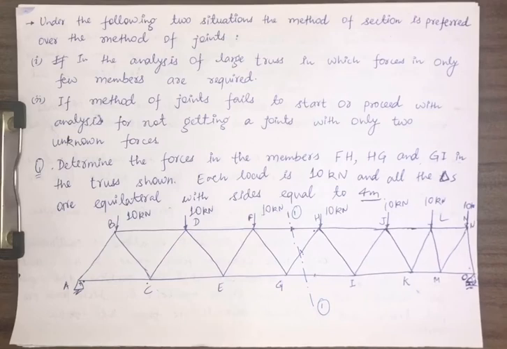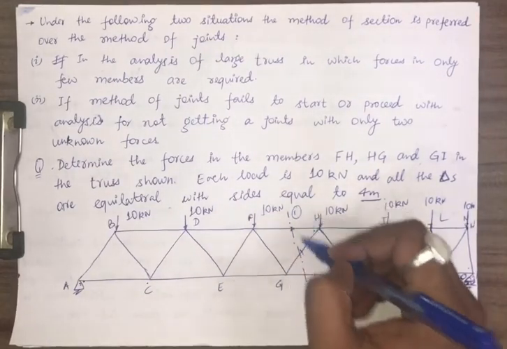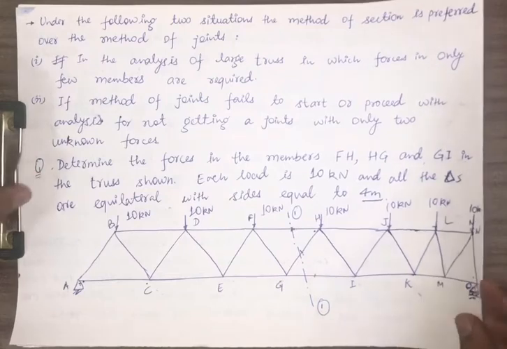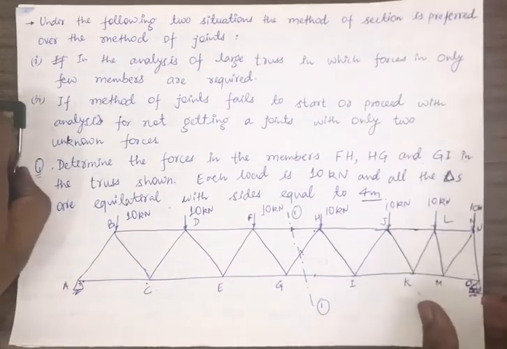So what we have done, we have cut this whole truss into two parts, and the section line is 1 1. So this is clear why we are using this. So please draw it so that it is easy to follow the problem.